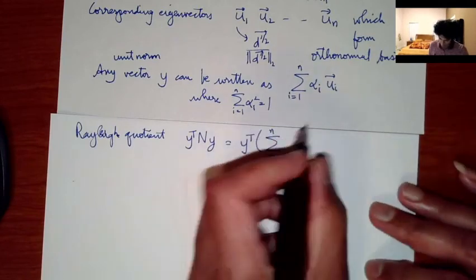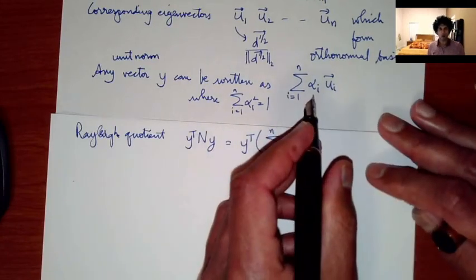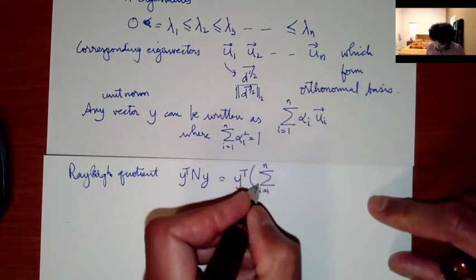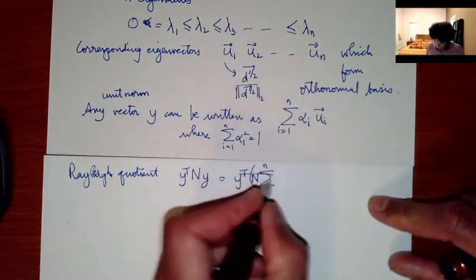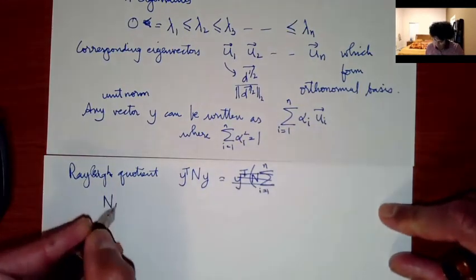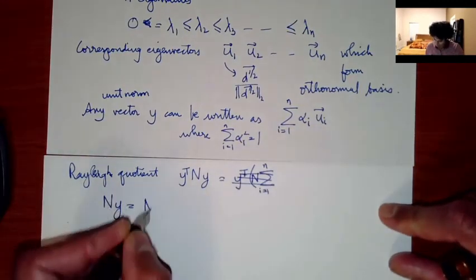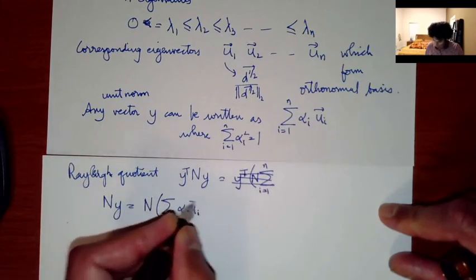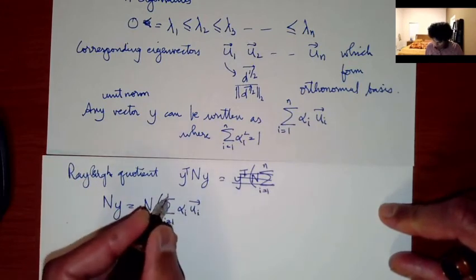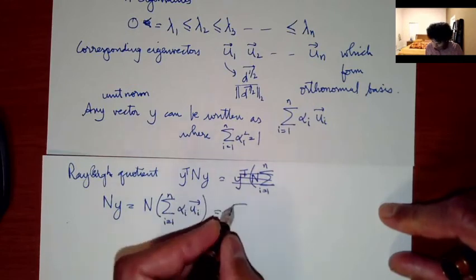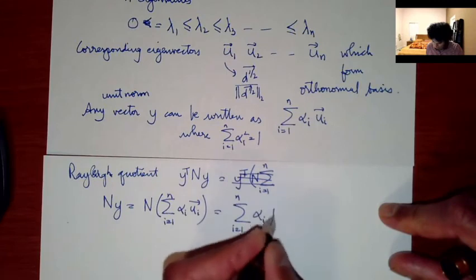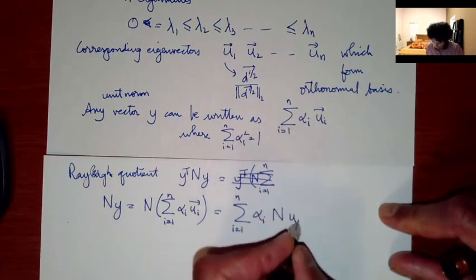You're going to multiply all of these by n. Let me write this out. Let's just look at what n times y is. This is standard linear algebra. n times y is n times the summation of alpha i ui, i going from 1 to n, which is the summation of alpha i times n times ui.